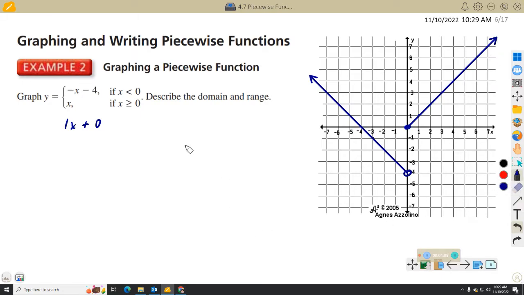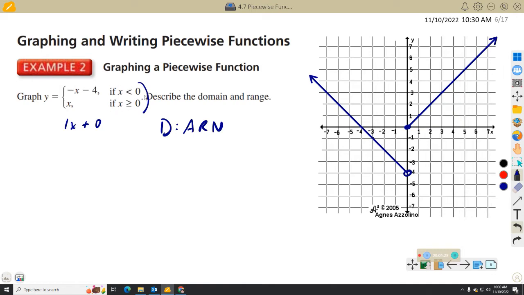Okay? So in this case, the domain is all real numbers. We can look at this two ways. You can look at the graph and see that it's going to the right infinitely and to the left infinitely. Or you can look over at this section over here. This covers everything. The numbers are either less than 0 or greater than or equal to 0.